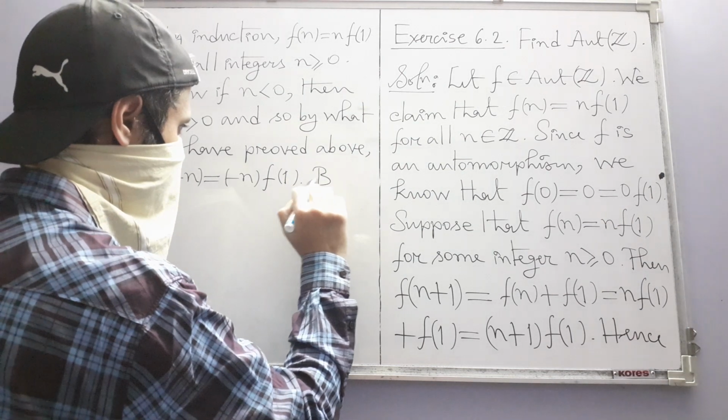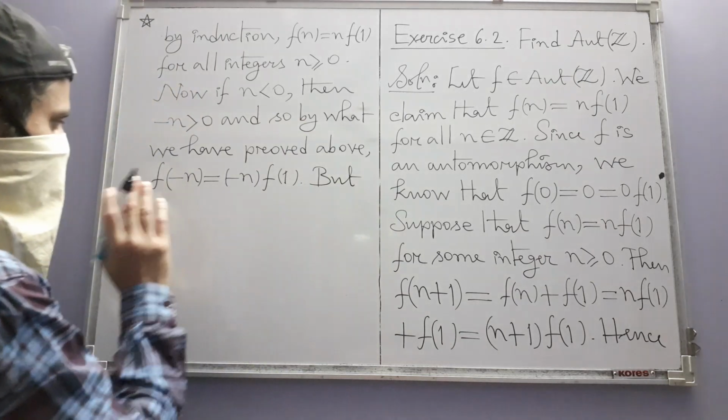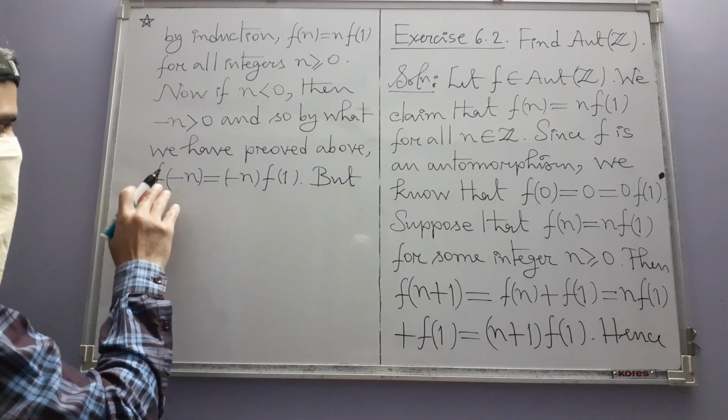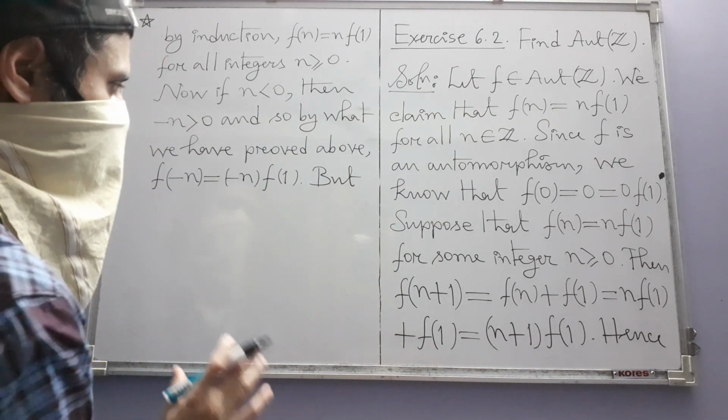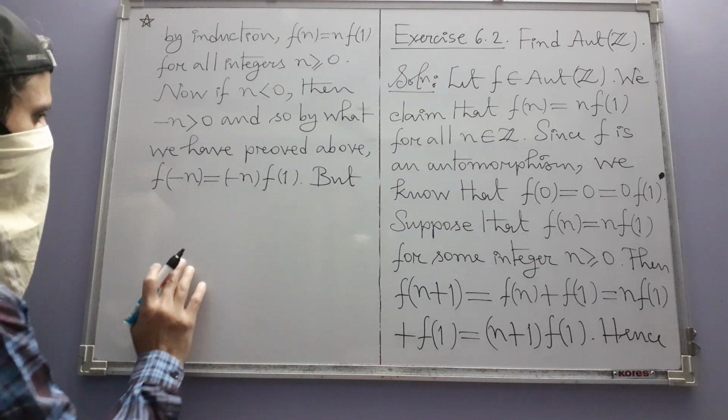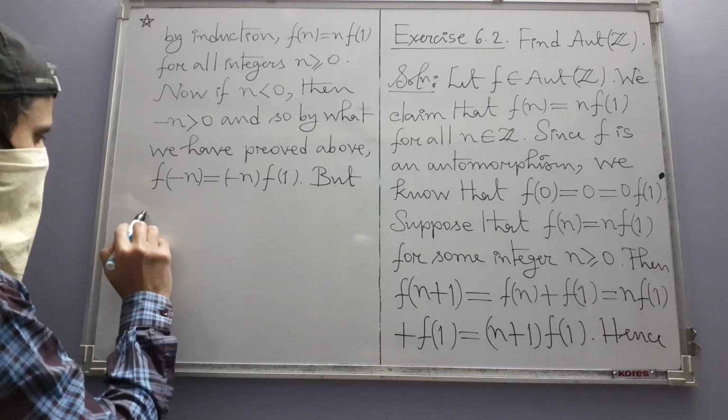But since f is an automorphism, f of minus n is equal to minus f of n. This is the property of automorphism, in fact any isomorphism.